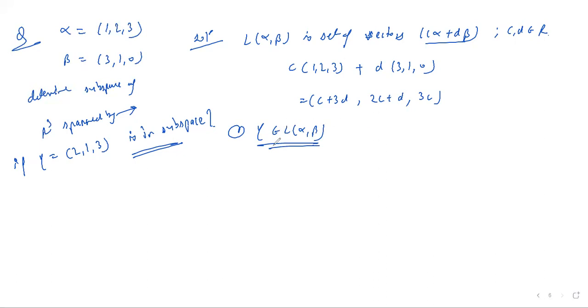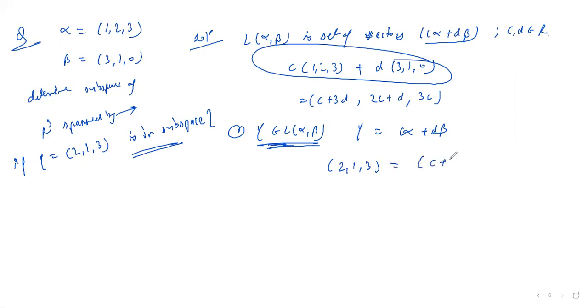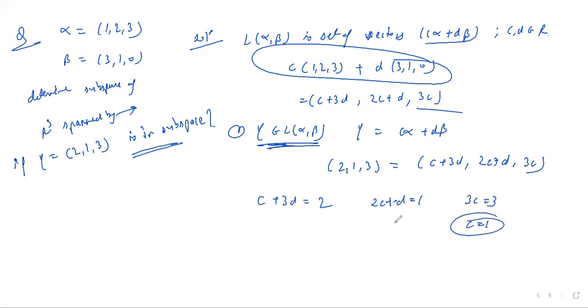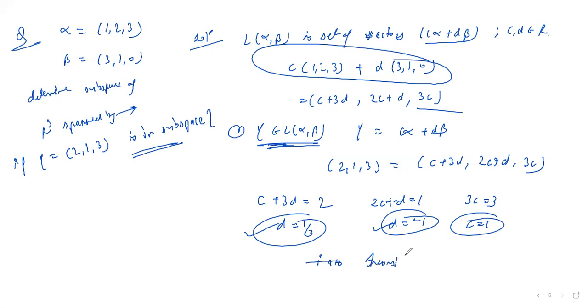It can be in the linear span if it can be written as a linear combination, like gamma equals c alpha plus d beta, which is (2, 1, 3) equals (c plus 3d, 2c plus d, 3c). That gives c plus 3d equals 2, 2c plus d equals 1, and 3c equals 3. So c equals 1, and from this we got d equals 1 by 3 in one equation and d equals minus 1 in another. So it is an inconsistent equation, and gamma does not belong to L of alpha comma beta.